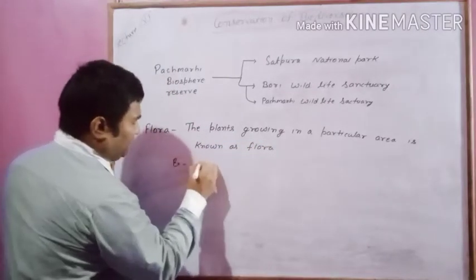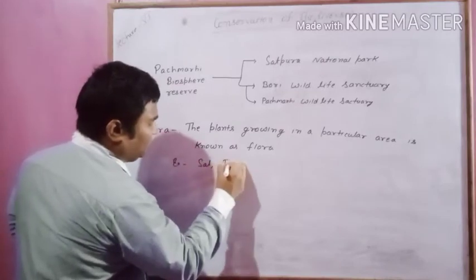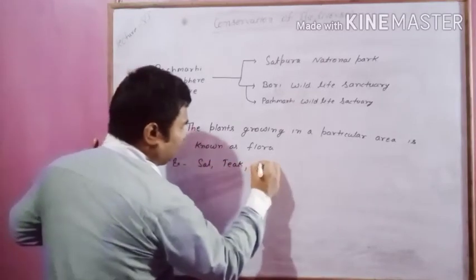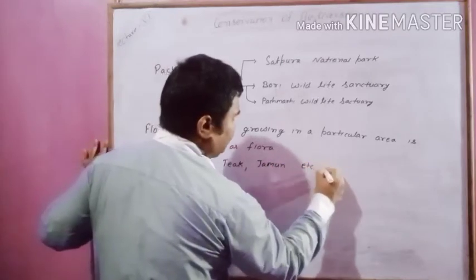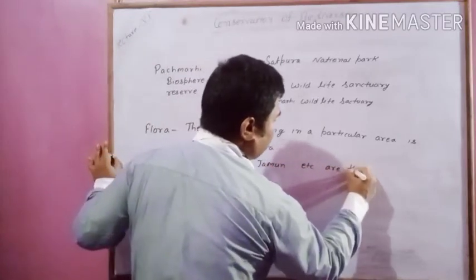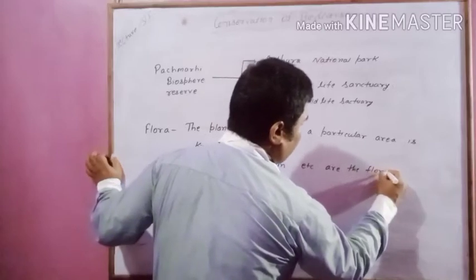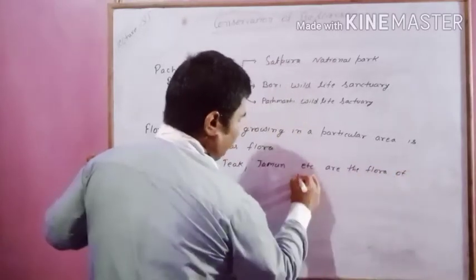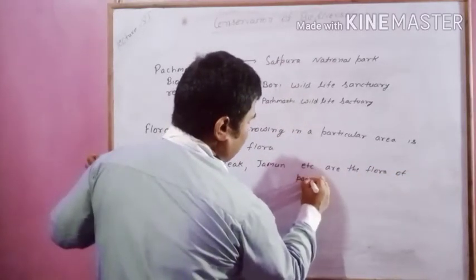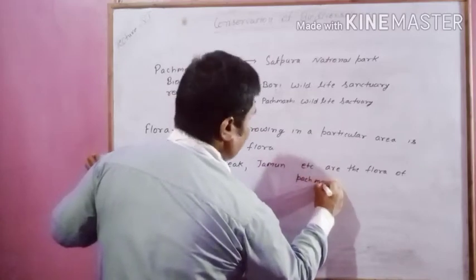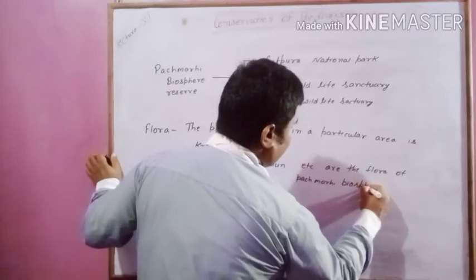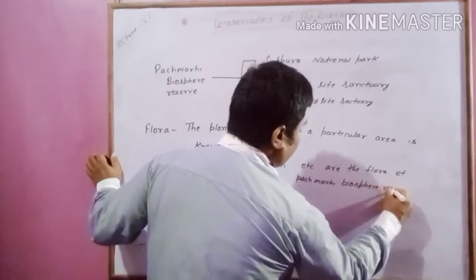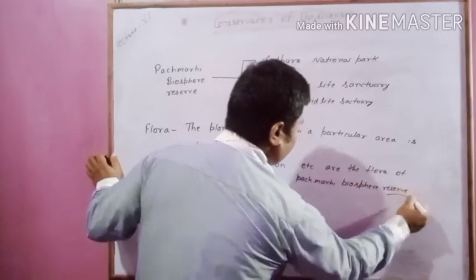For example, sal, teak, jamun, etc. are the flora of Pachmarhi biosphere reserve.